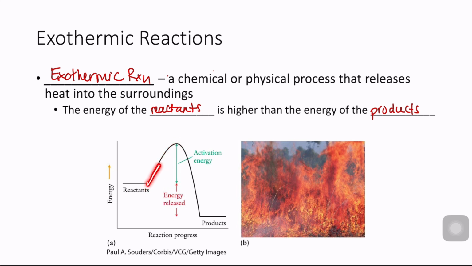Now notice that as soon as it reaches that barrier, then it can drop to the products. So the difference in energy between the products and the reactants, that is the energy that is released. That is the thermochemistry or the heat that is produced by the chemical reaction.